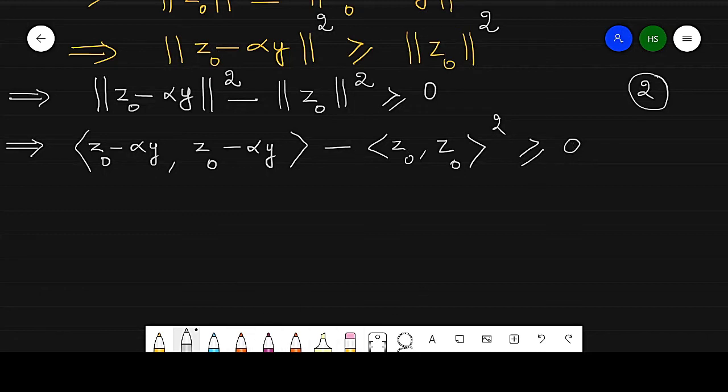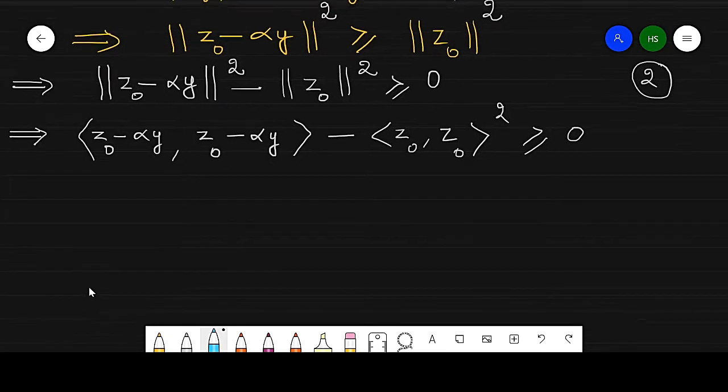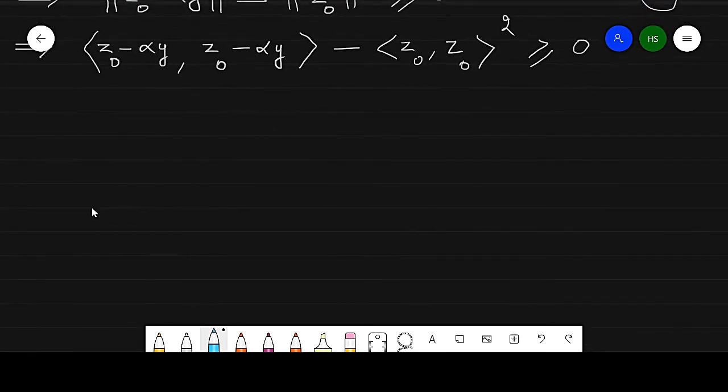Now simplify this equation very carefully. First I take z naught and take the inner product with this and then with the second term.